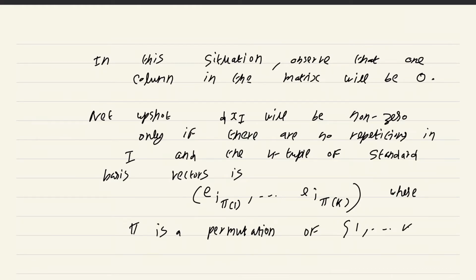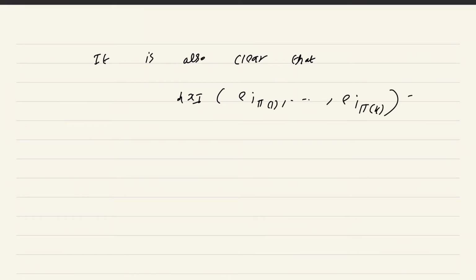That is, the k tuple of standard basis vectors that you apply dxI to should also be ei1, ei2, ..., eik, but you could shuffle them around by a permutation pi. It is also clear, and whenever I say it is clear, that is an invitation for you to work out the details, that dxI of e_{I pi(1)}, ..., e_{I pi(k)} is nothing but the sign of the permutation pi.